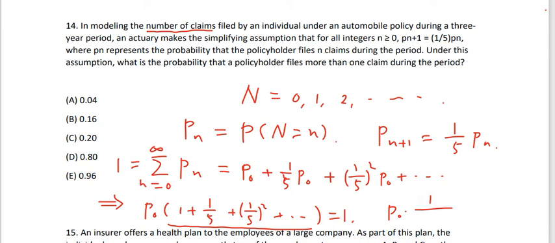So this equals P0 times 5/4. Okay, so P0 equals 4/5. So now we can find everything.